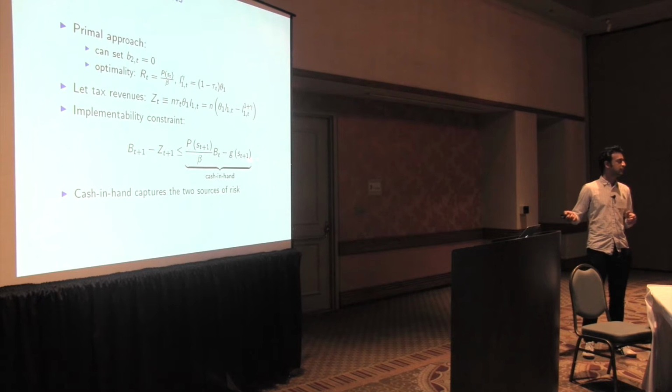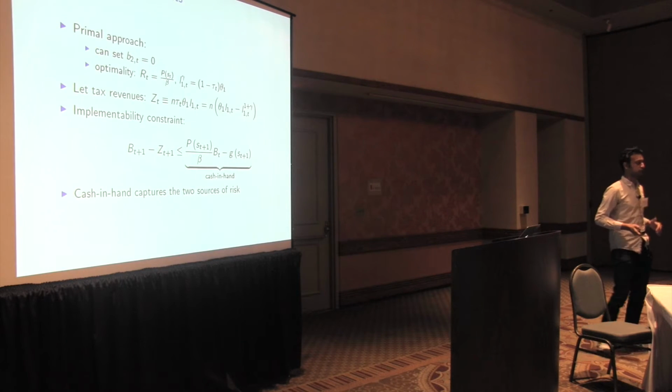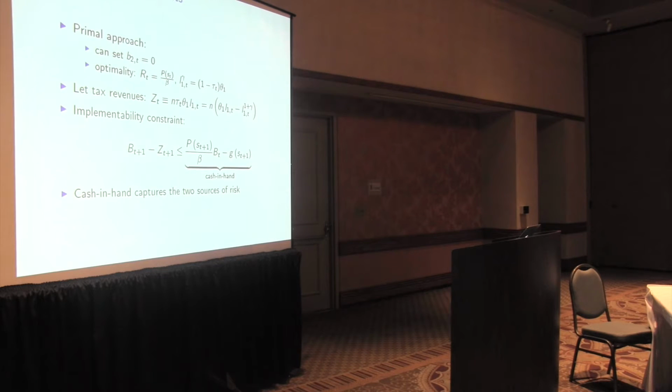The difference of these things is just transfers. That's the consumption of the unproductive guy. He didn't work, and we normalize his assets to zero. So we have total output and the consumption of the unproductive guy. From the resource constraint, we get the consumption of the productive guy. So that gives you the entire allocation. So it's enough to solve this problem and back out everything else through the sequence of arguments I made.